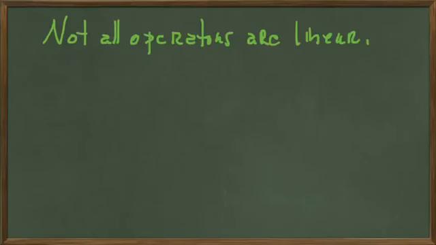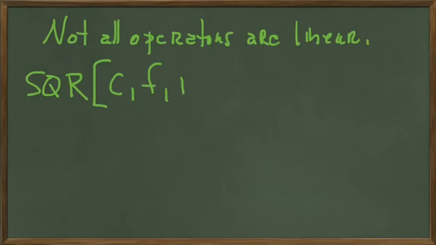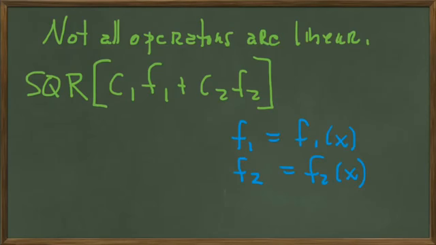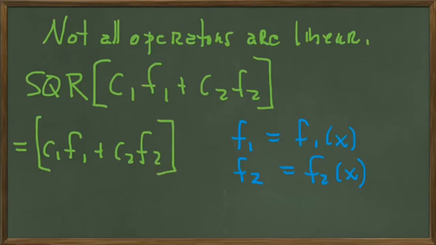However, it is by no means the case that all operators are linear. Let's take a simple operator that we'll call the square operator, meaning we square what it's acting upon. So if we square c1 f1 plus c2 f2, a constant times f1 plus a constant times f2, it means that sum of functions squared, which is going to be FOILed, right?